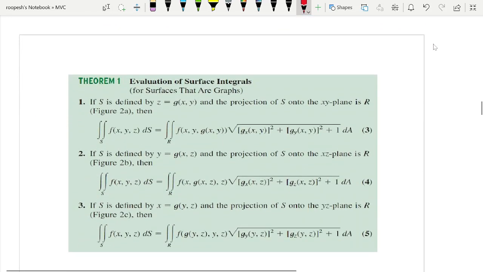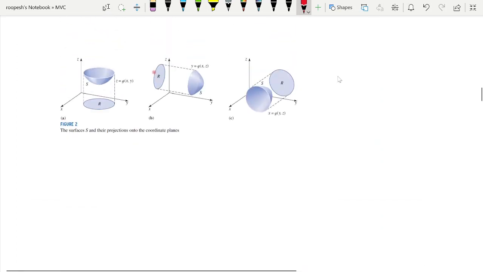Now, evaluation of surface integrals. If S is defined by z equal to g(x, y) and the projection of S onto the xy plane is R, see here in figure 1, in this figure, z is given as a function of x and y, so we project onto the xy plane.